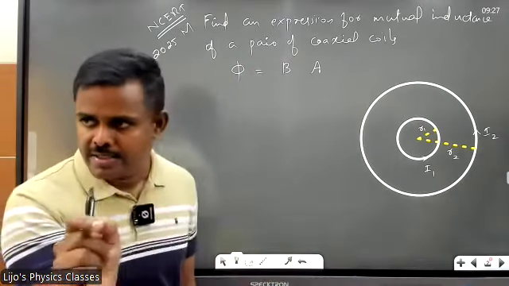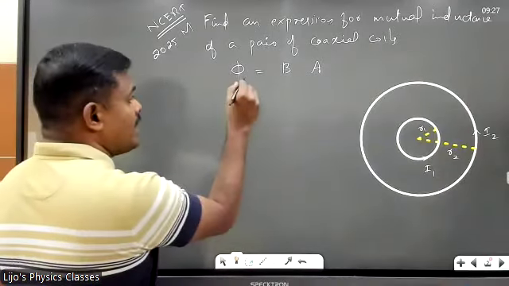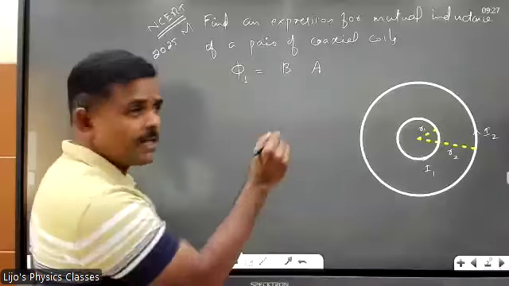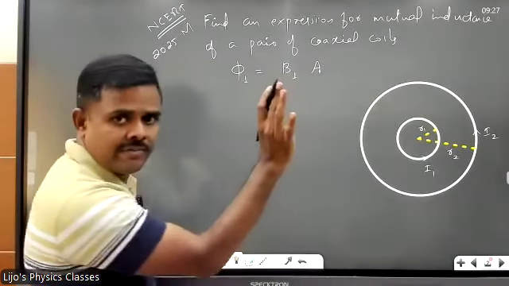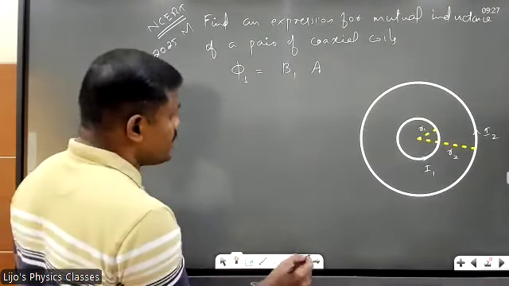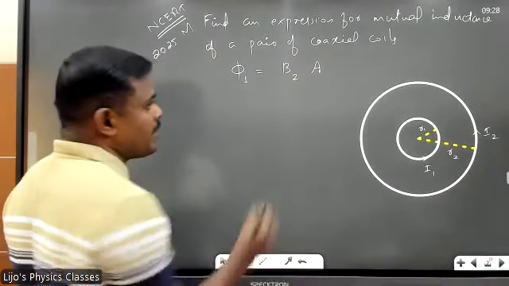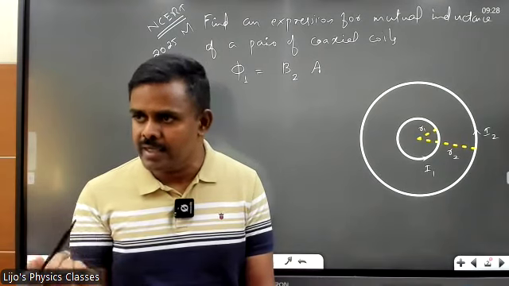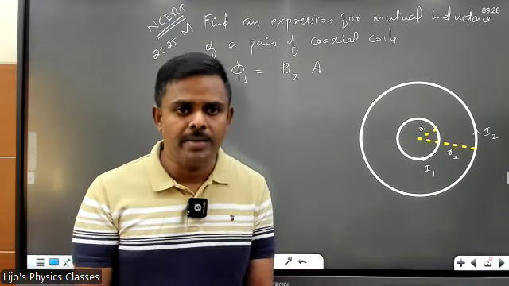Flux linked with the smaller coil, you can write phi 1 is equal to, you may have a tendency to write B1. Never do it. It is B2. Because primary is sitting in the magnetic field of secondary, and secondary is sitting in the magnetic field of primary.